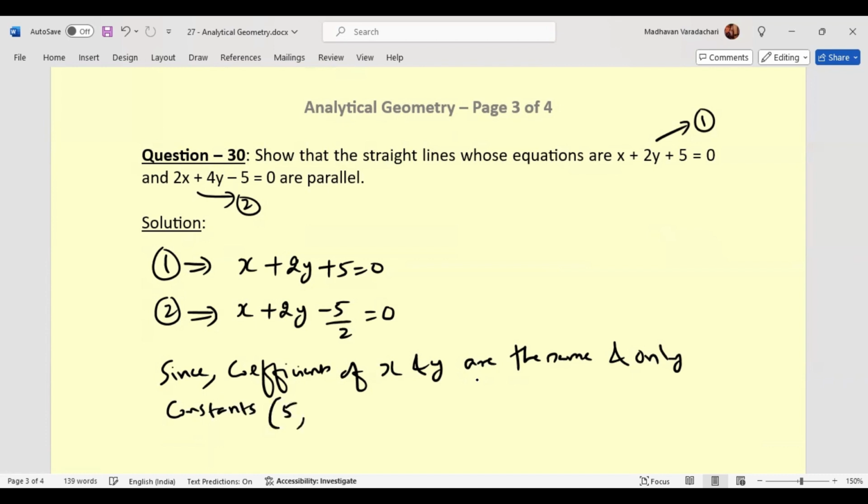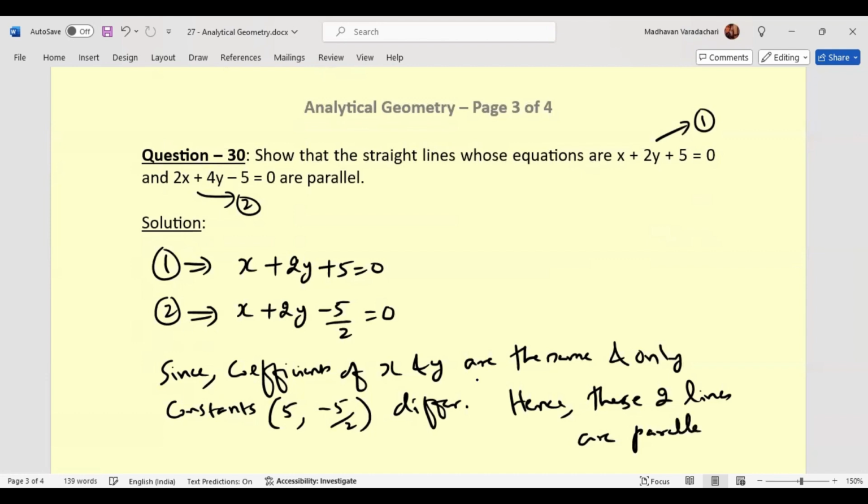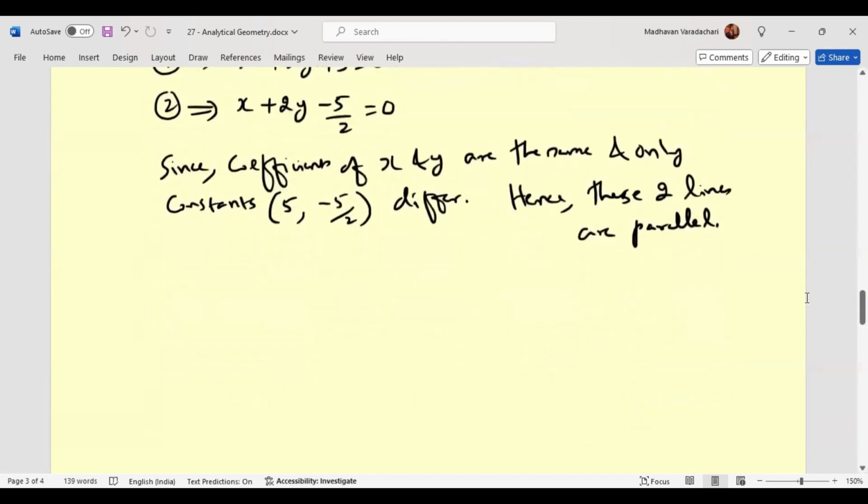Constants means here it is 5 and minus 5 by 2. Constants differ. Hence, these two lines are parallel. That is the solution for this particular question.